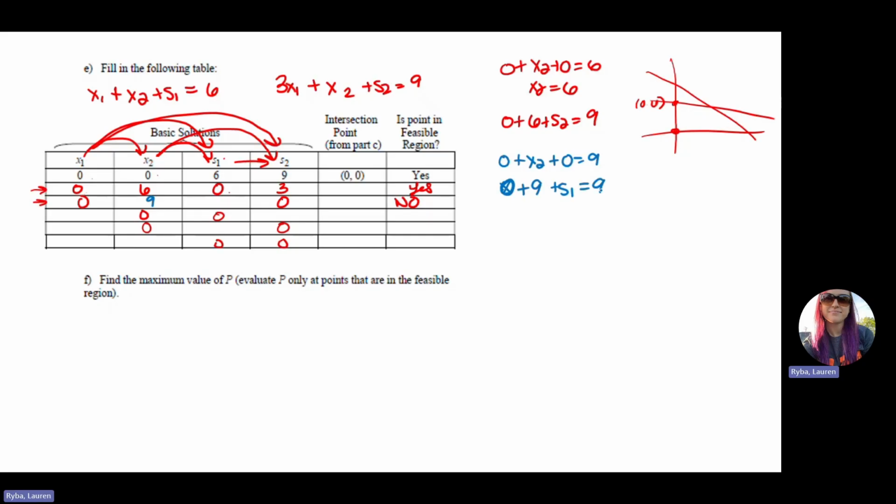I was only supposed to make it to 6, and I wrote 9. I'm sorry. In this equation, I've gone too high. In order to compensate, the slack would have to be negative. I can't use a negative product or negative labor hours. So this is too high. This gives me a negative.